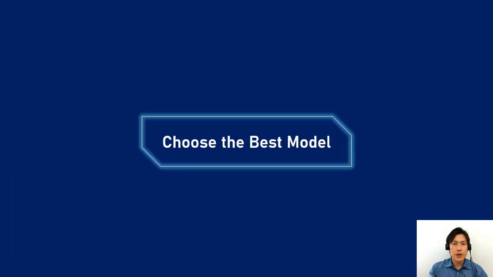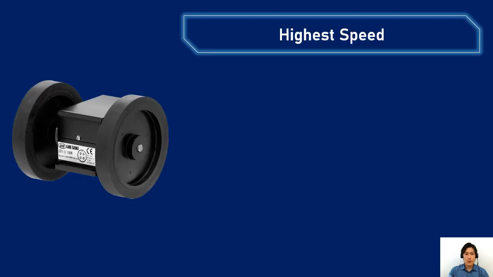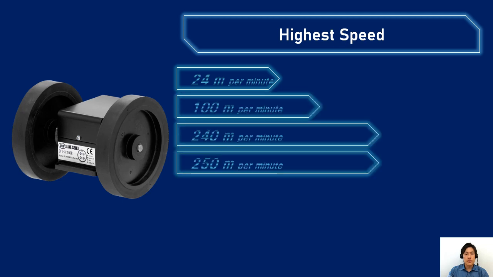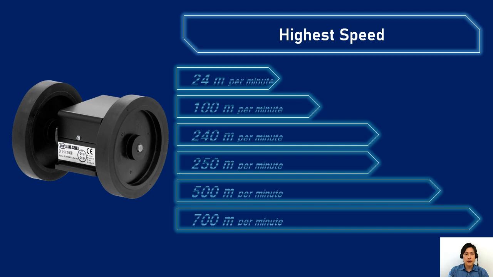To end this webinar, let's run through some points to be checked to choose the best model for you. This will be some kind of quick review. Depending on the model, the running speed of CT1 series have some variation, from 24 meters per minute model to 700 meters per minute model.